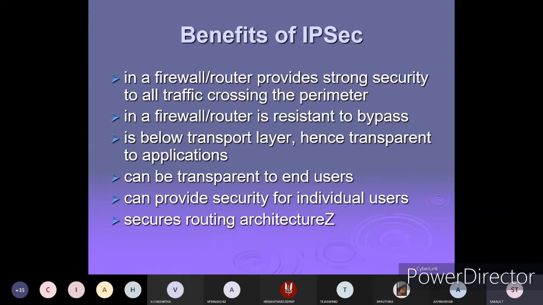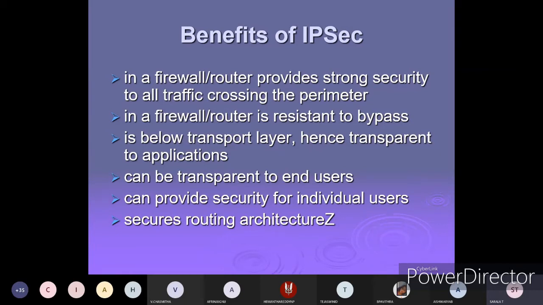IP security in a firewall or router is resistant to bypass. The router and firewall restrictions or settings are always resistant to bypassing. No one can bypass into your system, and you can't bypass into other systems.